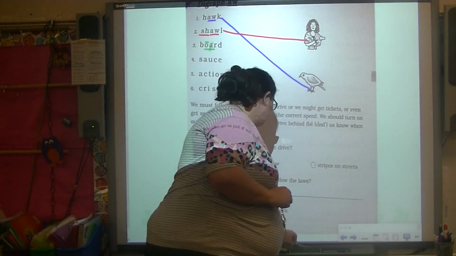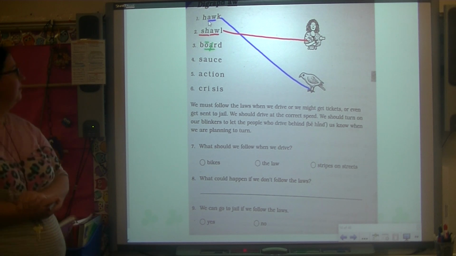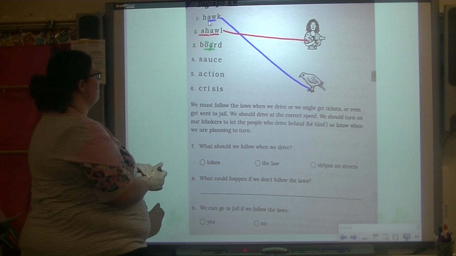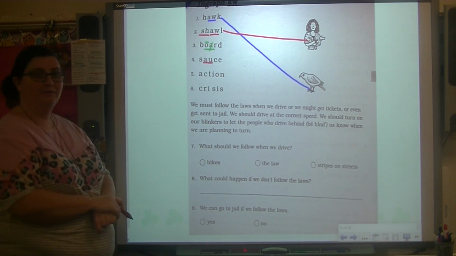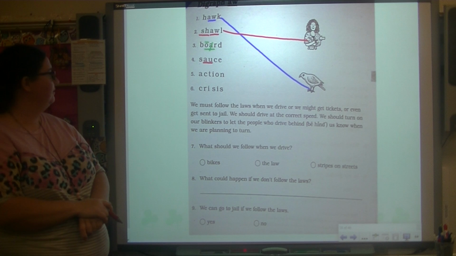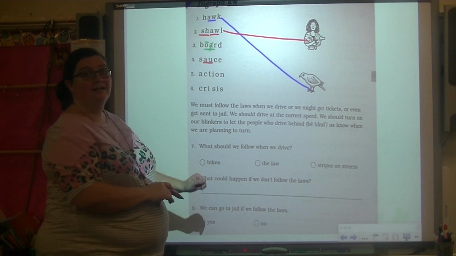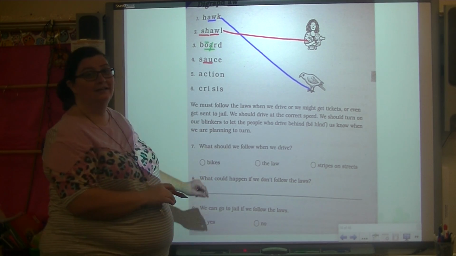All right, number 4. What do we have? We have AU, like in faucet. What else do we have? What is this? CE. What happens to this C?